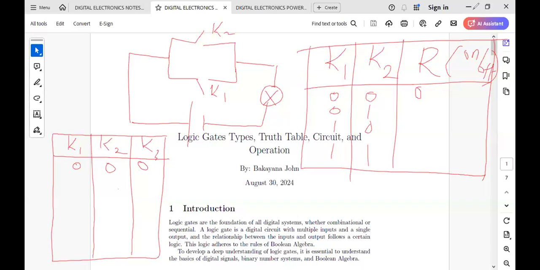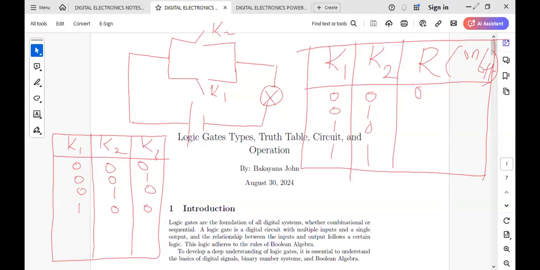Or you may find that only 2 are open, but the third one, K3, is closed. Or the first one is open, the second one is closed, but the third one is open. Or the first one is closed, the second one is open, and the third one is open as well. Remember, I'm not intending to repeat any pattern that I said before.